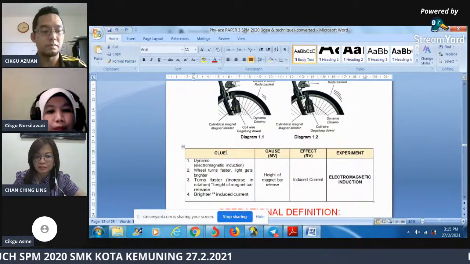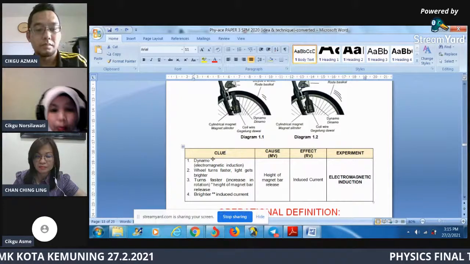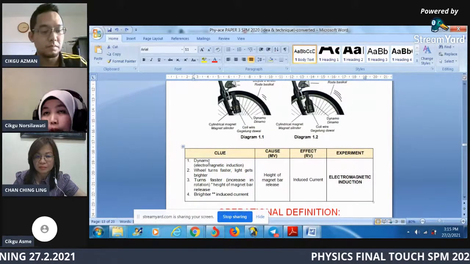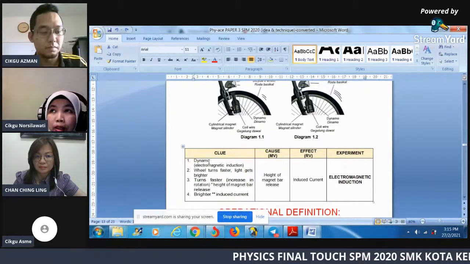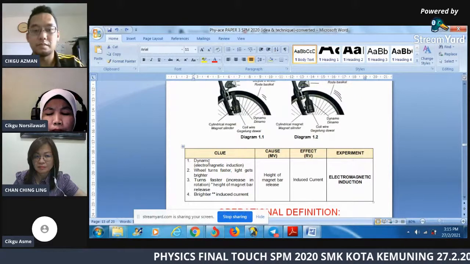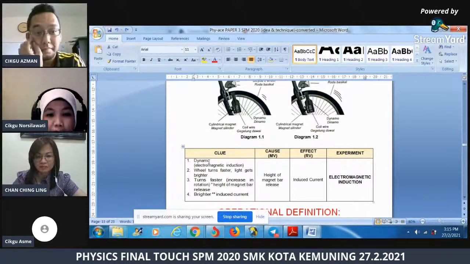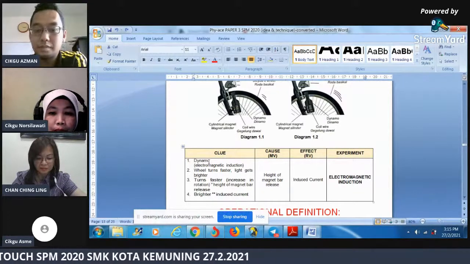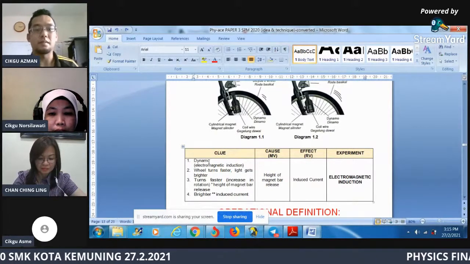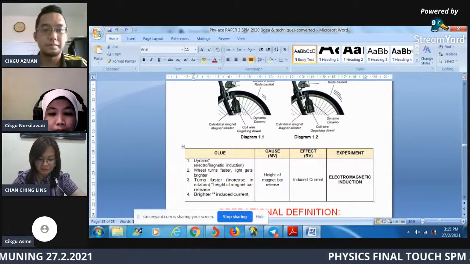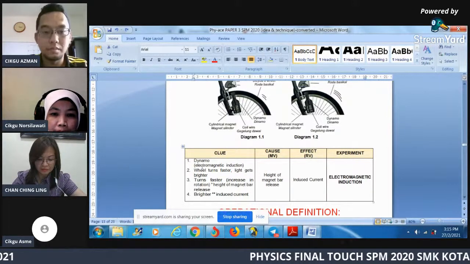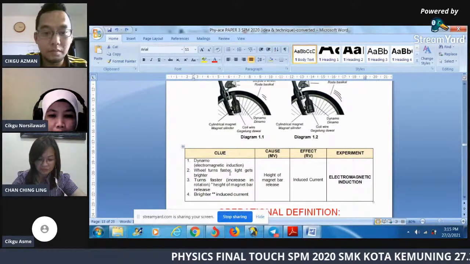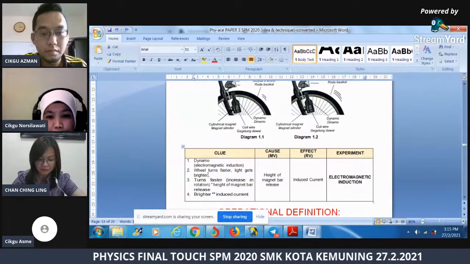The clue is the dynamo, which of course involves the concept of electromagnetic induction, so you use Fleming's right hand rule. Wheel turns faster, light gets brighter.